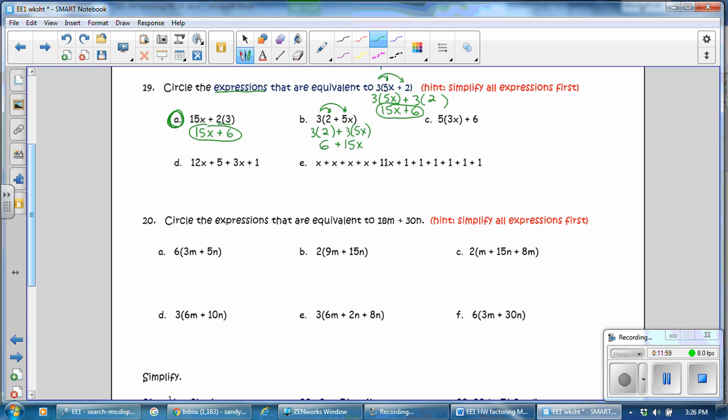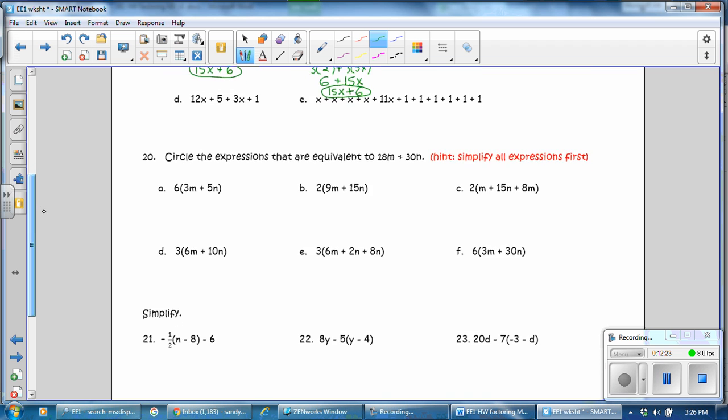And if I reverse the order, 15x plus 6, and I can do that because addition is commutative, you can switch the order, then this is an equivalent expression. So B is an equivalent expression to the original terms. All right, so we'll go ahead and finish the rest of that later.